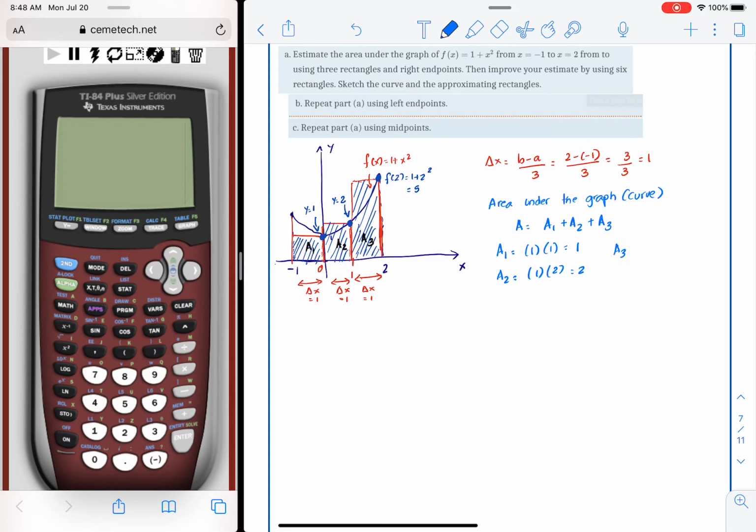The third rectangle, length is 1, height is 5. I'll call this the right sum, so R3, because we have 3 endpoints, and that would equal to 1 plus 2 plus 5, which is 7, plus 1, we get 8.